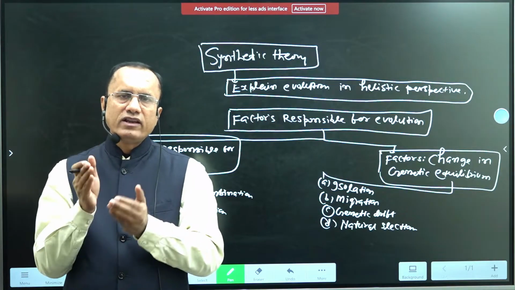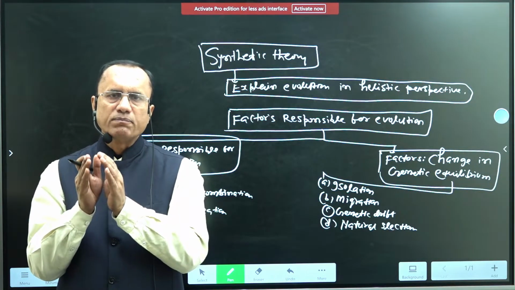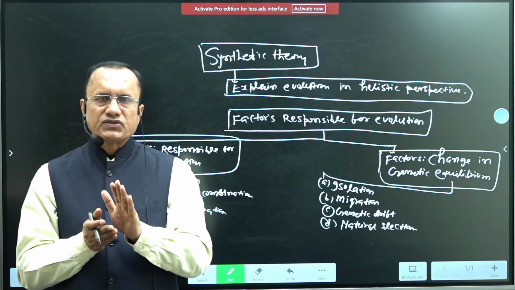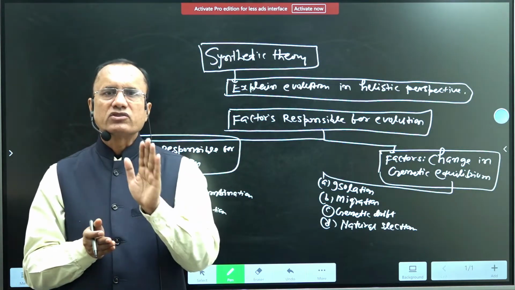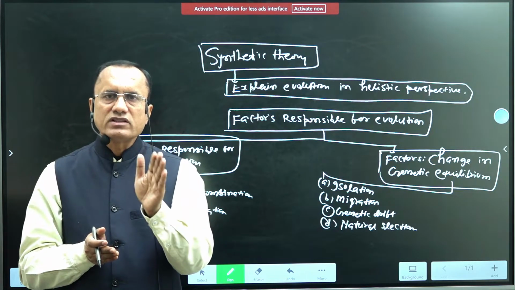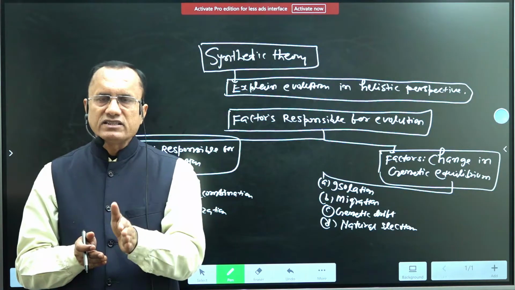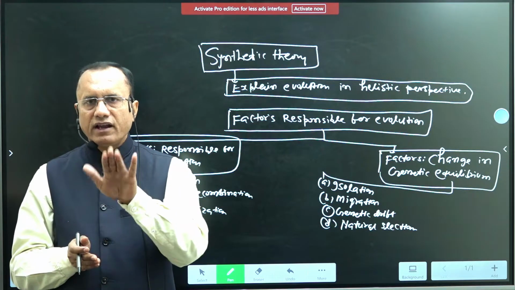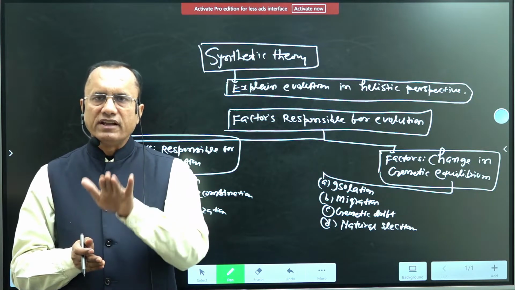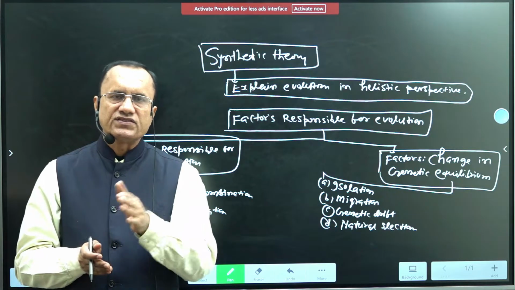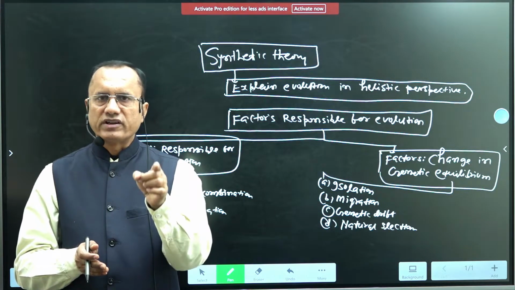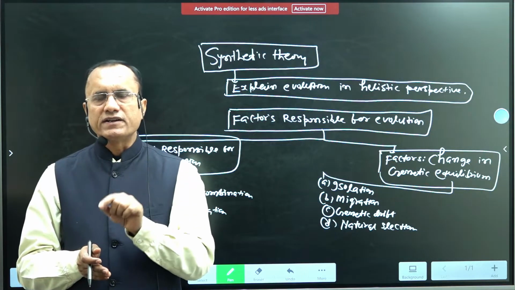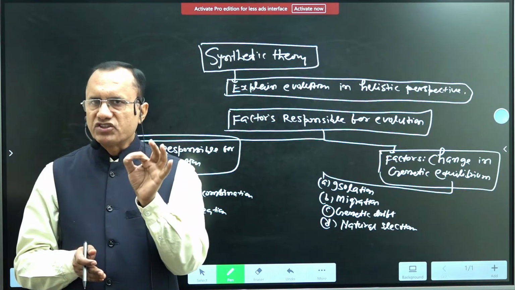So natural selection positively selects positive variation, which is inherited in the next generation through differential reproductive success, and therefore evolution happens, right? So first, you have to remember the role of mutation.